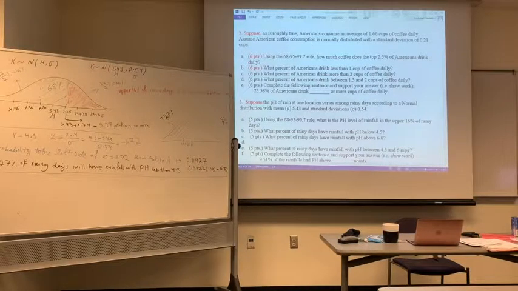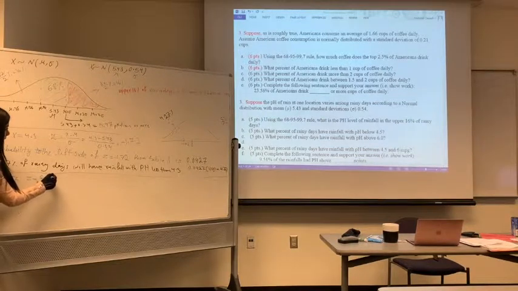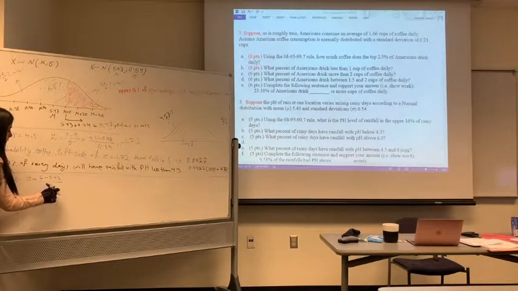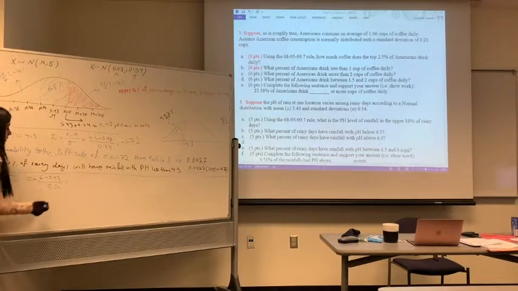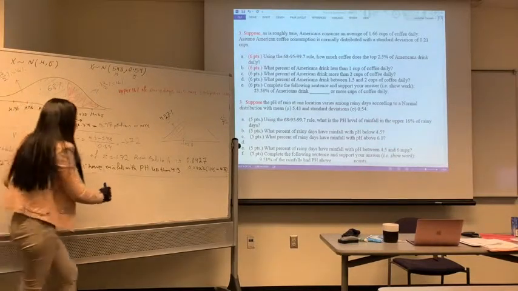Okay, so the next part says, what percent of rainy days have rainfall with pH above or more than 6? So we start with x equal 6, z is equal to 6 minus 5.43 divided by 0.54, equal to 1.06.